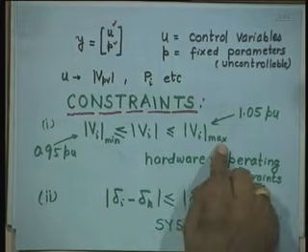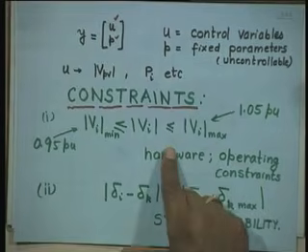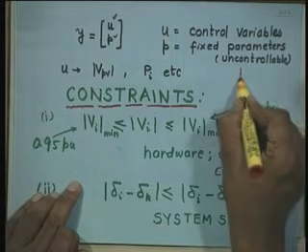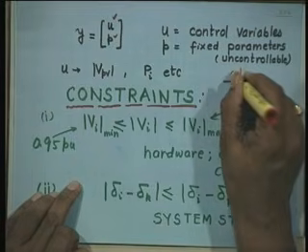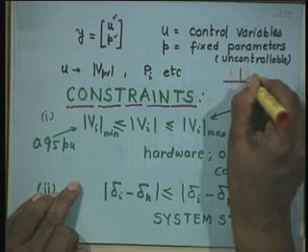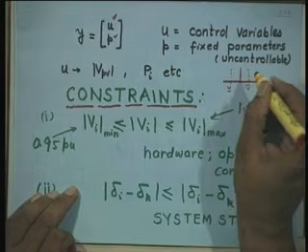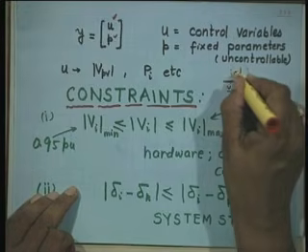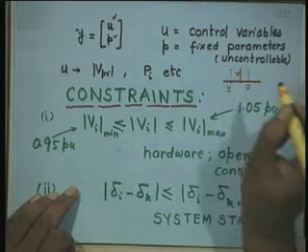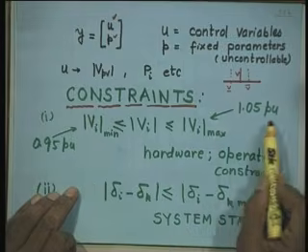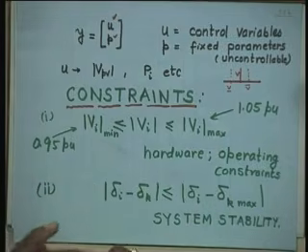Now, I have come to the inequality constraint, V_i must be within V_i minimum and V_i maximum. And please understand, it is a very narrow range. If I want to plot it, this is V min and this is V max, and this is what normally V should be, and this range is 0.95 per unit to 1.05 per unit, that means plus minus 5%.